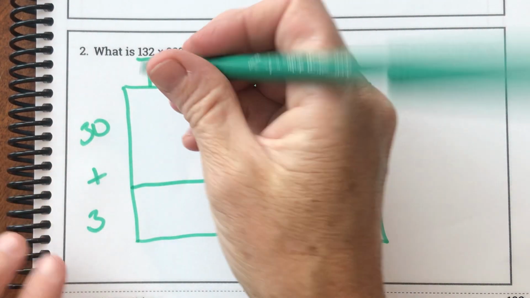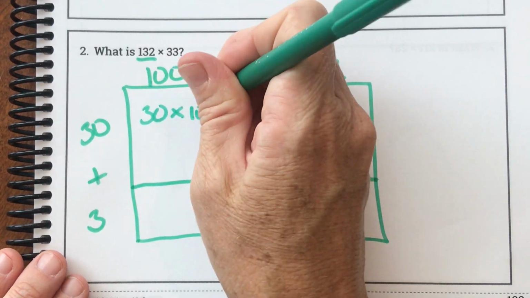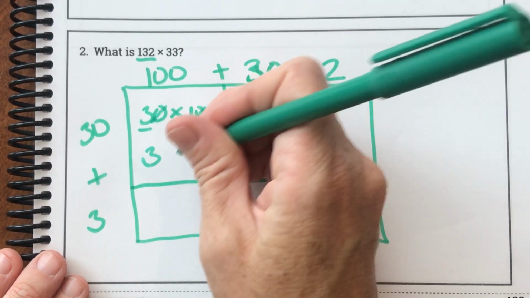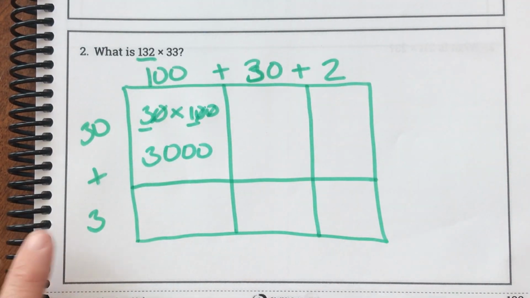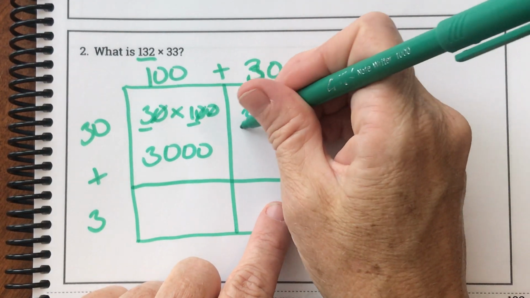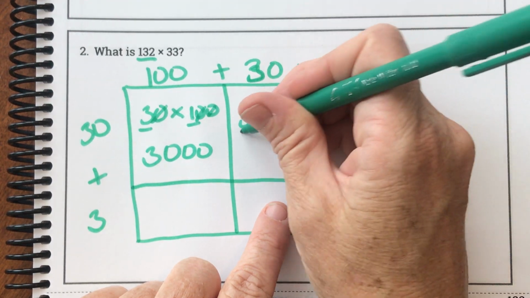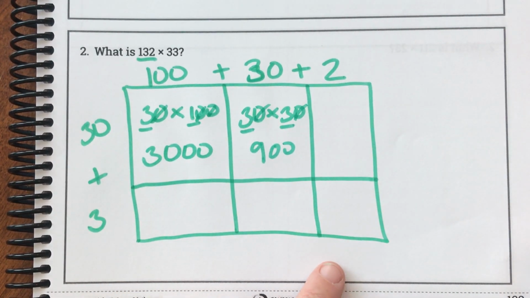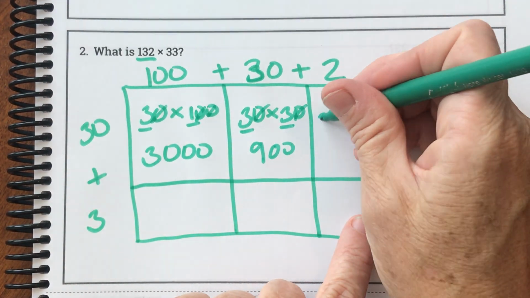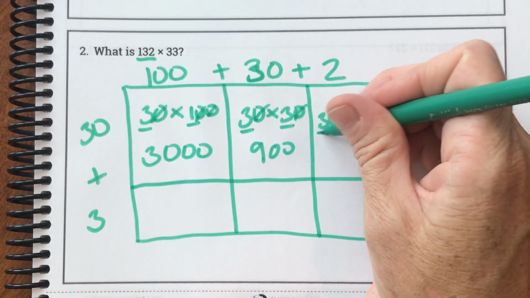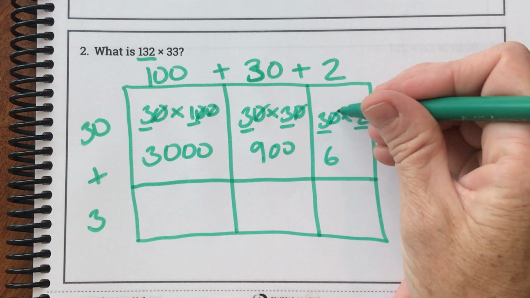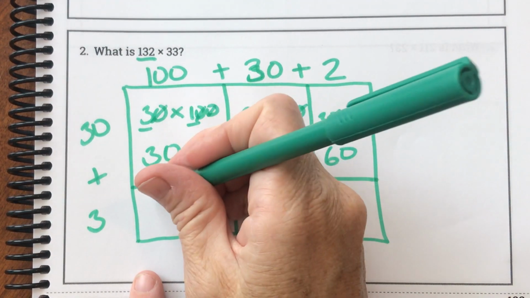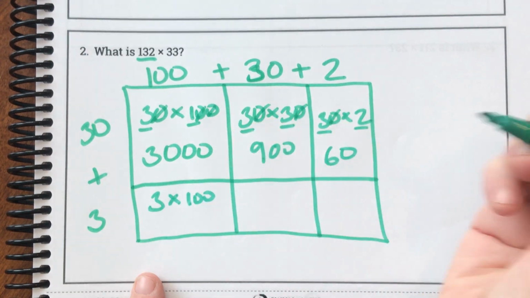So we have 30 times 100, which is 3 times 1 is 3, and add 3 zeros. 30 times 30, so I get 9, and add 2 zeros. 30 times 2, so 3 times 2 is 6, and add 1 zero. 3 times 100, I already know that.